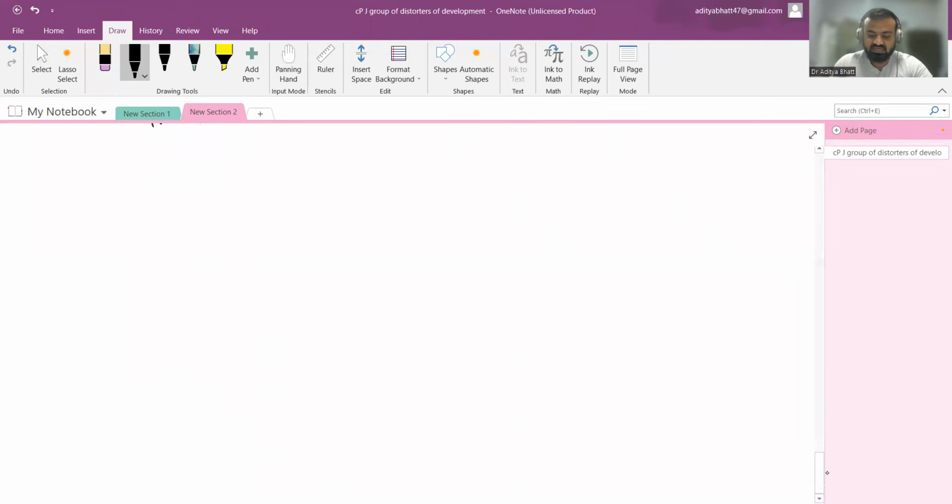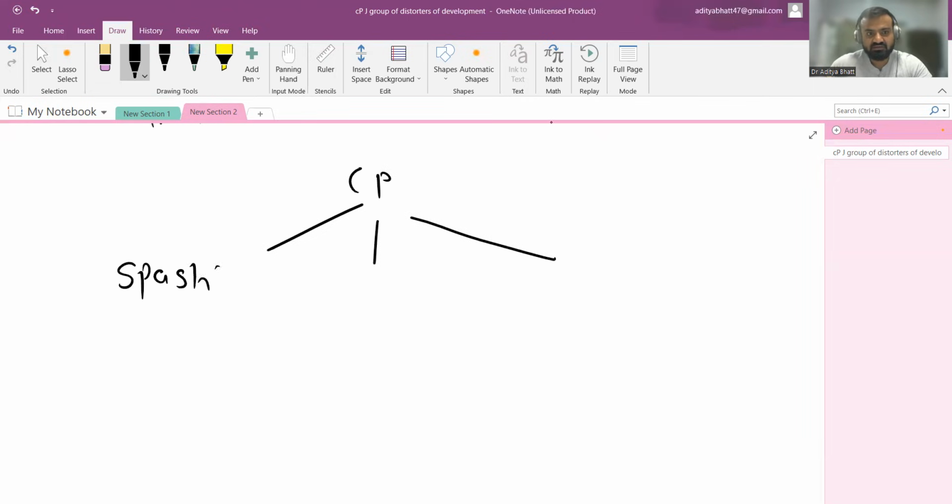Now, what are the types of CP? Primarily there are 3 types of CP. One is spastic, second is dyskinetic, and third is ataxic. You have to understand that these are the primary 3 types, and all the others are included in these.